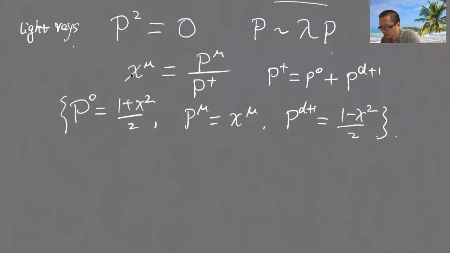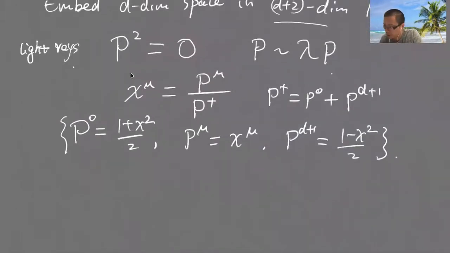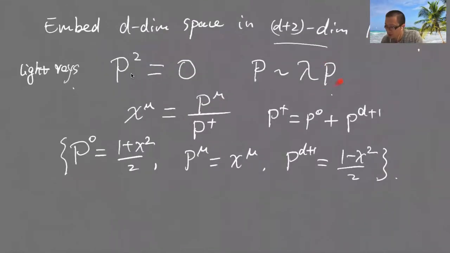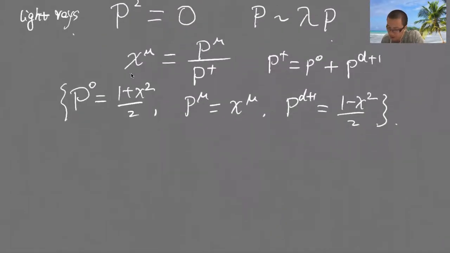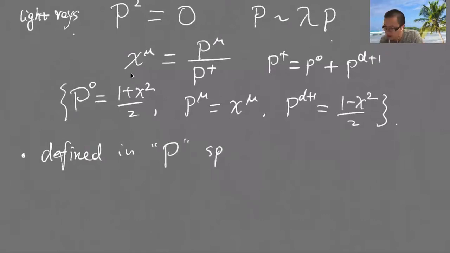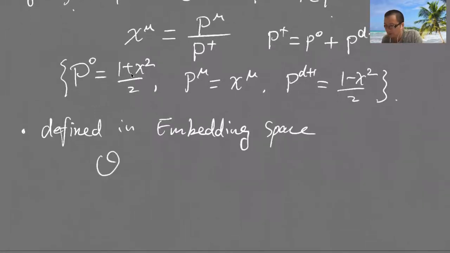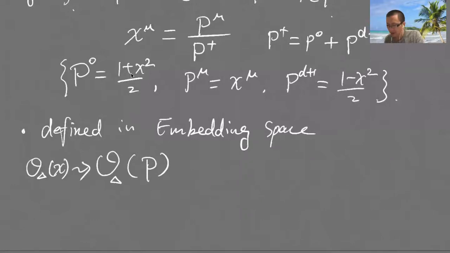Due to this quotient, we now want to define our operators, especially the primary operators, in this P space, in this D+2 dimensional embedding space.